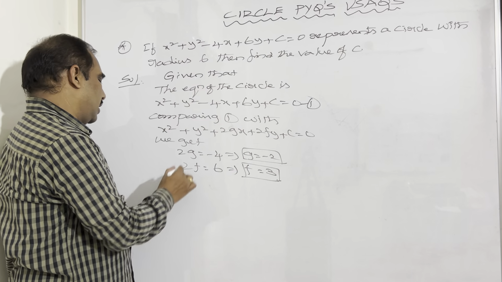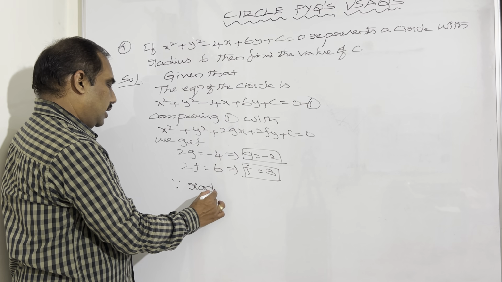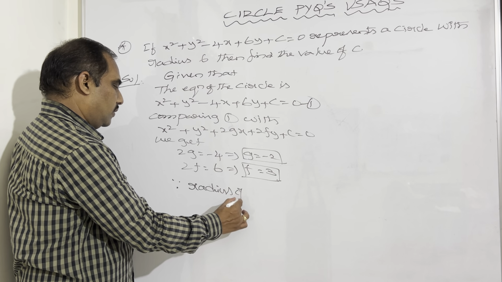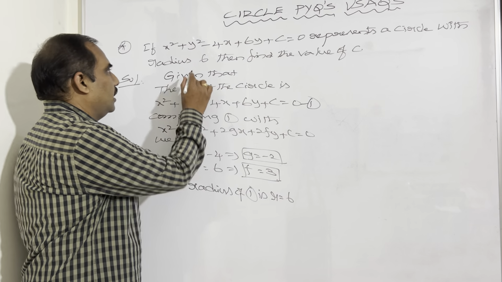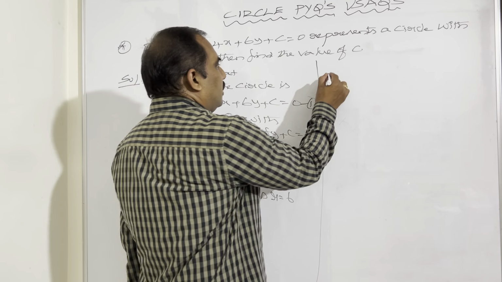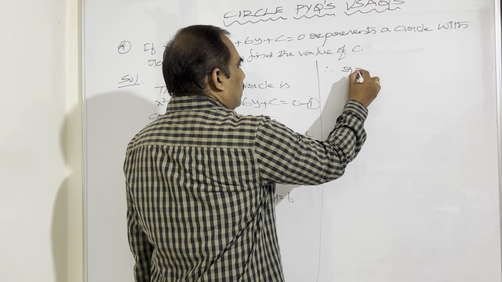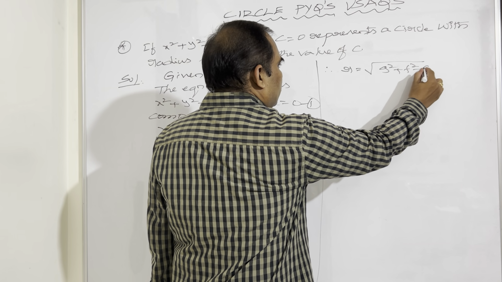Here the given radius of 1 is r is equal to 6. So what is the radius of 1? We know that r is equal to root over g square plus f square minus c.